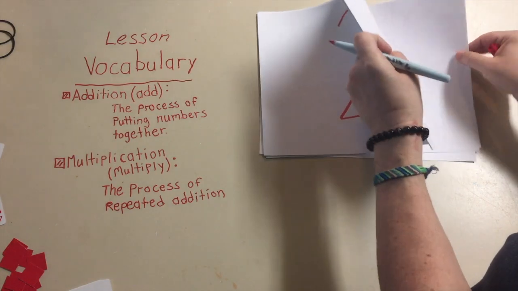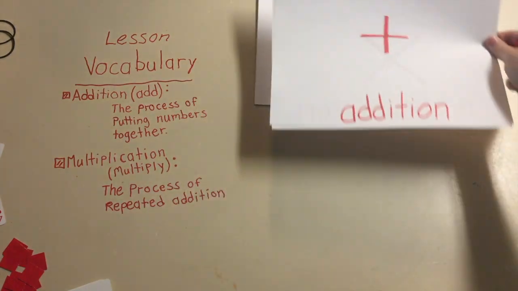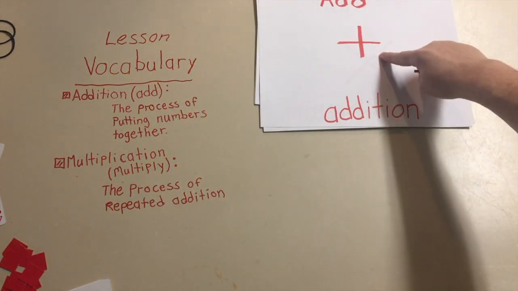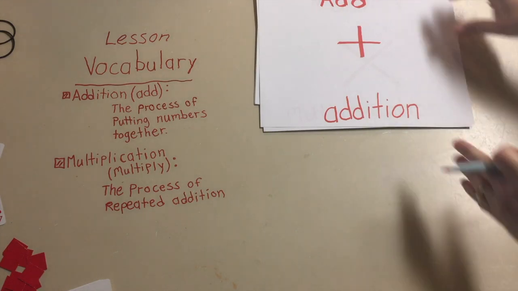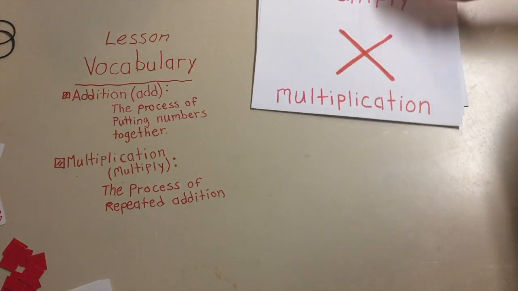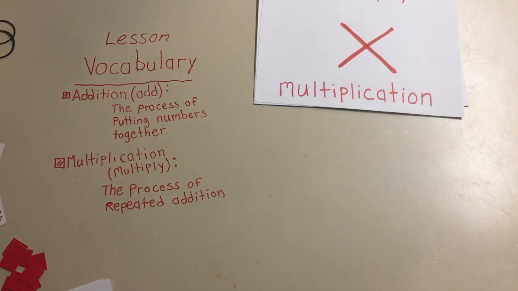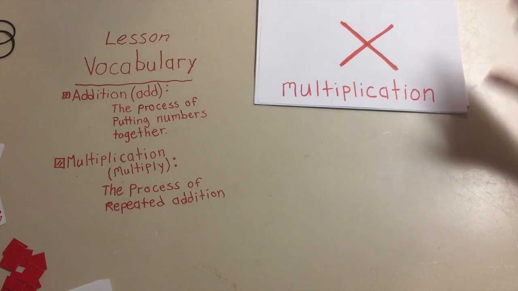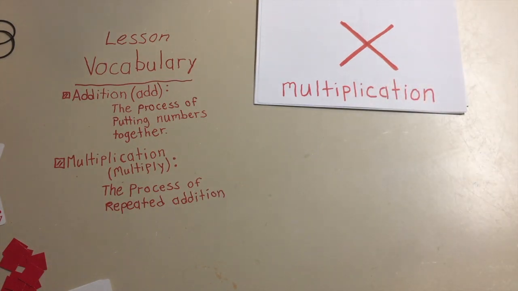So we're going to start off with the way that we use multiplication. The sign that we use for addition is our plus sign. So we remember that sign, the plus sign. But the sign that we use for multiplication is usually an X. And that can get really confusing later down the road when there's X's and X's. But we're not there yet. So we're going to use the X as our symbol to multiply.